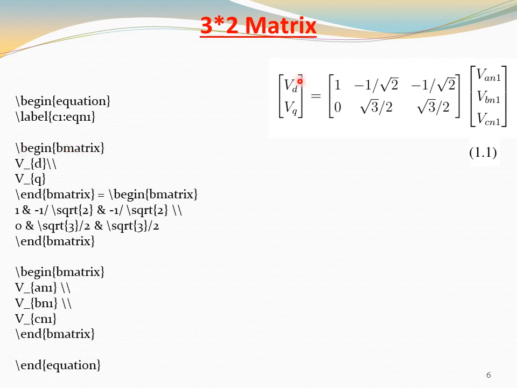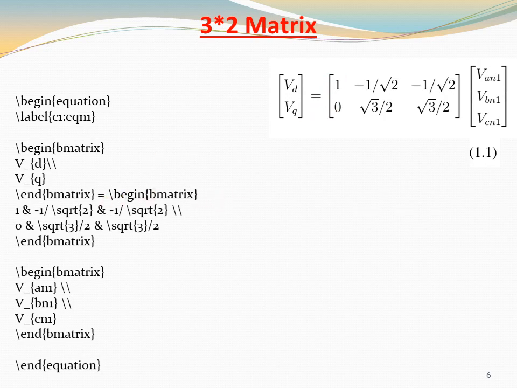First we start with this 1 by 2 matrix, with values B underscore T and B underscore Q, then \end{bmatrix} is equal. After this matrix is finished, equal to another matrix started. So equal \begin{bmatrix}.